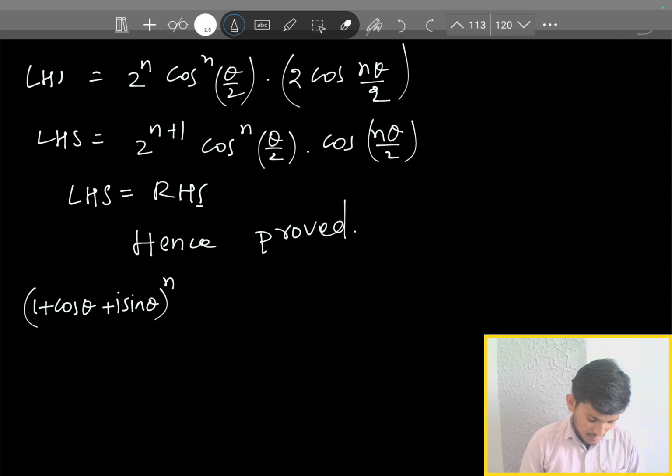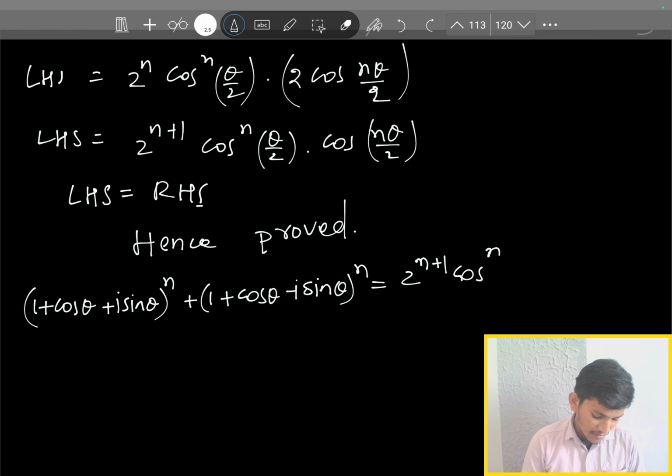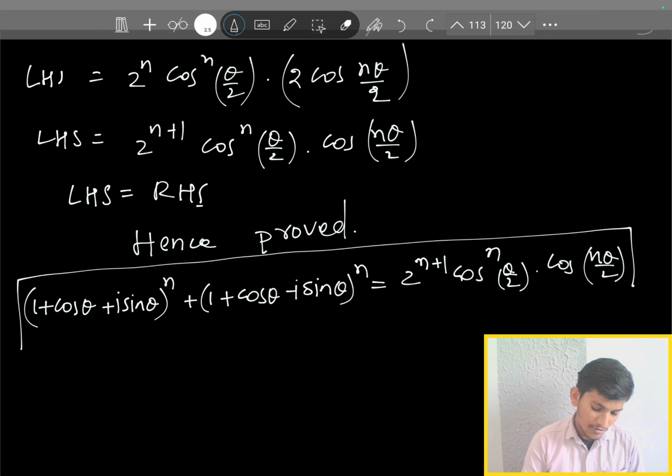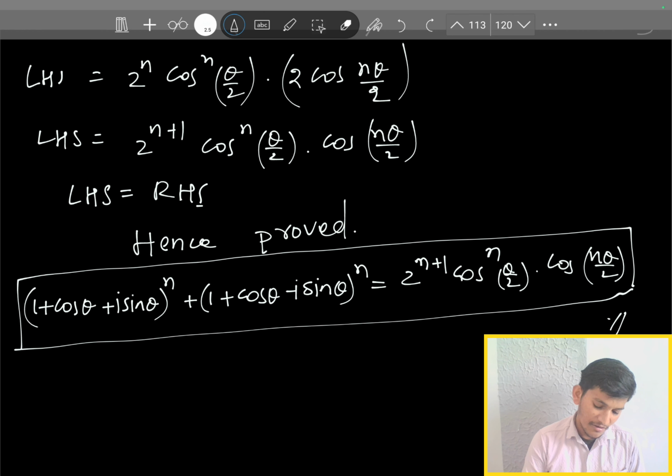Hence proved: (1 + cos theta + i sin theta)^n plus (1 + cos theta - i sin theta)^n equals 2^(n+1) cos^n(theta/2) cos(n theta/2).